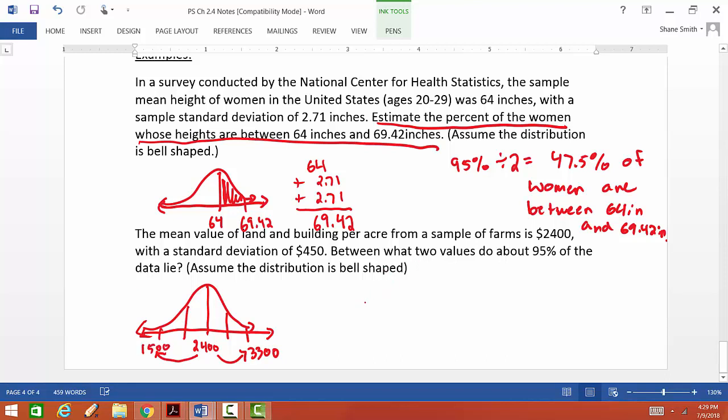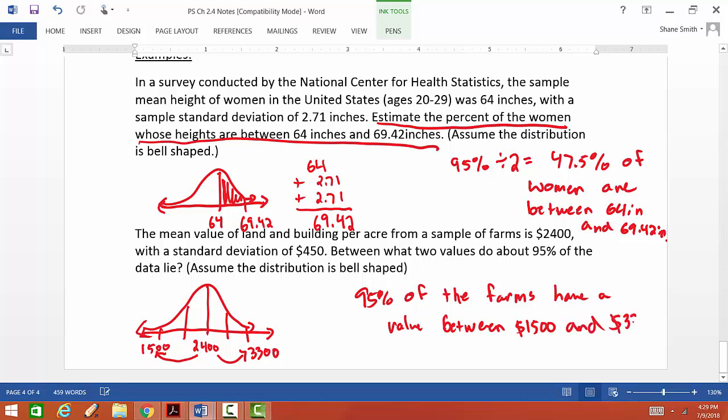So we can say that 95% of the farms have a value between $1,500 and $3,300.